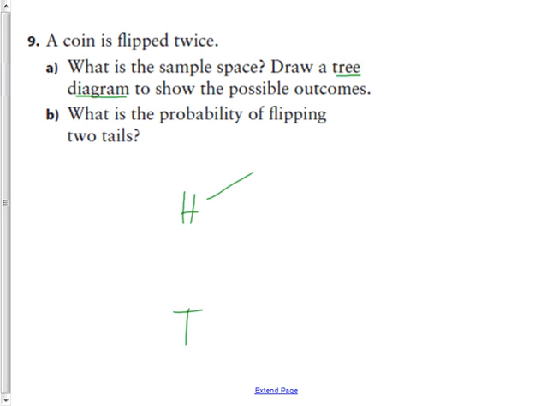If I flip a heads, these two here show what could happen on my second flip. It could be a heads or a tails. If I flip the tails first, my next one could be a heads or a tails again. So there are four possible outcomes. My sample space is heads heads, heads tails, tails heads, and tails tails.